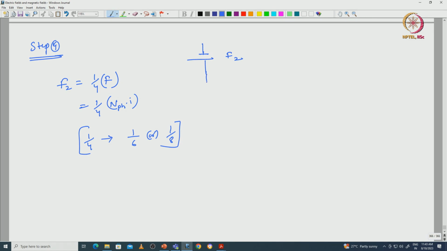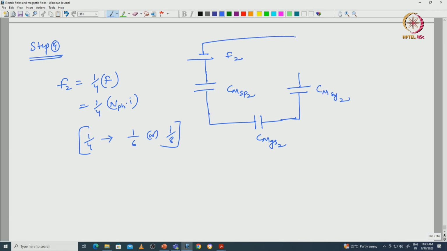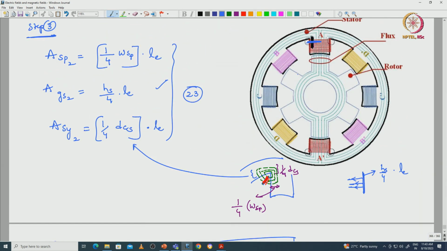So, this is F2, and then the magnetic capacitance with respect to the stator pole, the magnetic capacitance with respect to the air gap in the slot region, and the magnetic capacitance with respect to the stator yoke. So, this is with respect to one loop. Like this we have 4 loops, that we can observe in this figure.